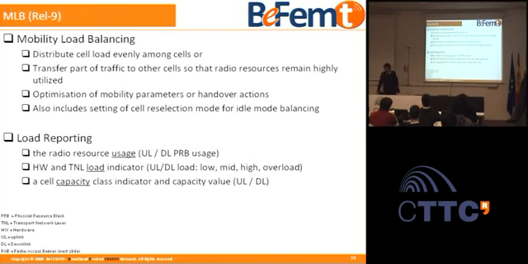The same with the mobility load balancing. So what is happening here? The load balancing, essentially, we talked about this before, is that you may have one cell which is very loaded, another cell which is lightly loaded, and the first question is how do you detect it? It's detected on 3 essential degrees on the radio usage. You request from your physical layer and from your scheduler, you try to figure out what is the load on my resource blocks.